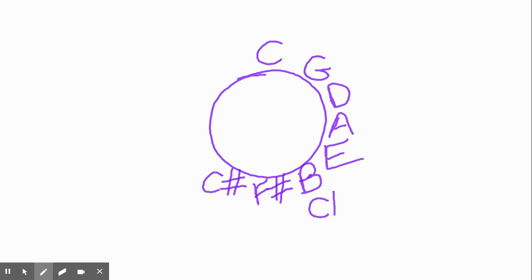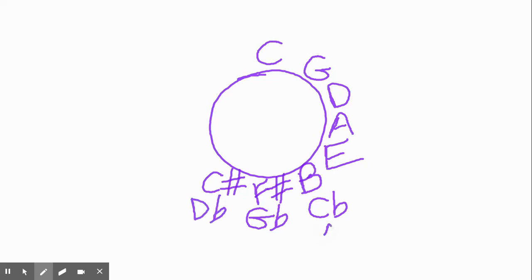So let's put a C flat here because we know B and C flat are enharmonic equivalents. F sharp, what is the enharmonic equivalent to F sharp? It's G flat. Okay, what is the enharmonic of C sharp? It's D flat.